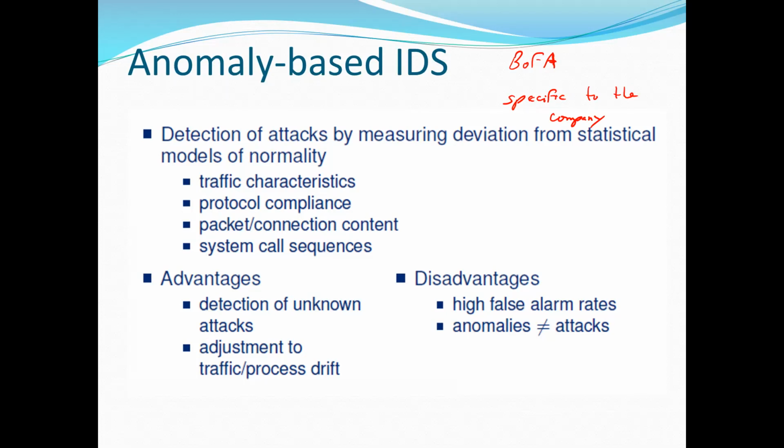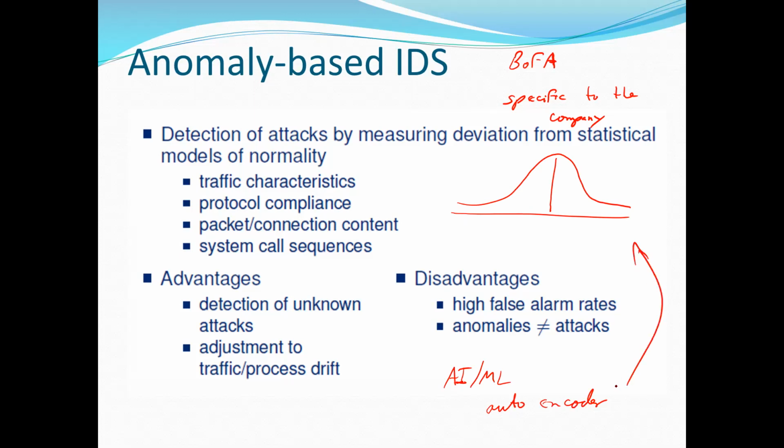So detection of attacks basically by measuring deviation from statistical models of normality. Whenever you think of anomaly detection, think of this idea. There's something else in AI and machine learning called autoencoders, which are a very fascinating idea, but it's very similar to this one.